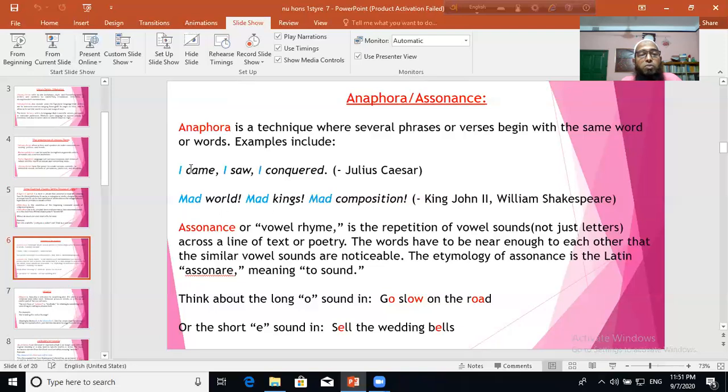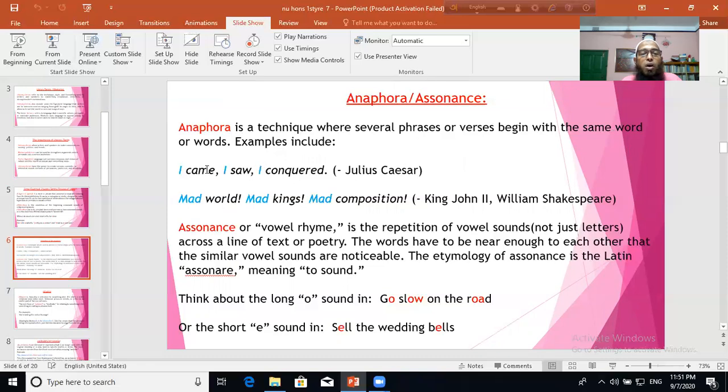You see the repetition of the same word. I came, I saw, I conquered: the word I has been repeated. So this is anaphora. Each phrase or clause starts with the same word.